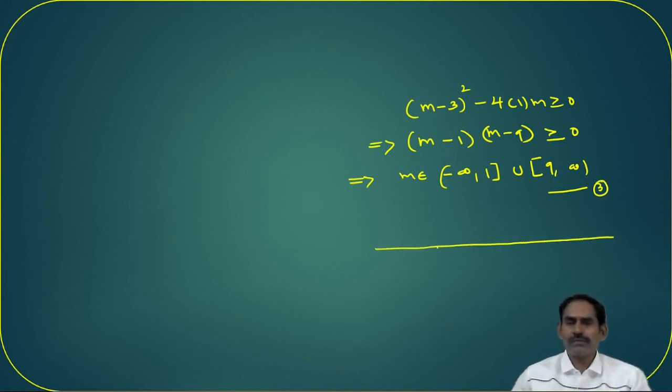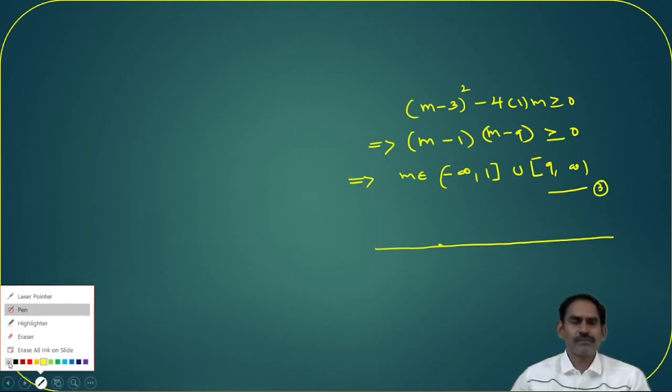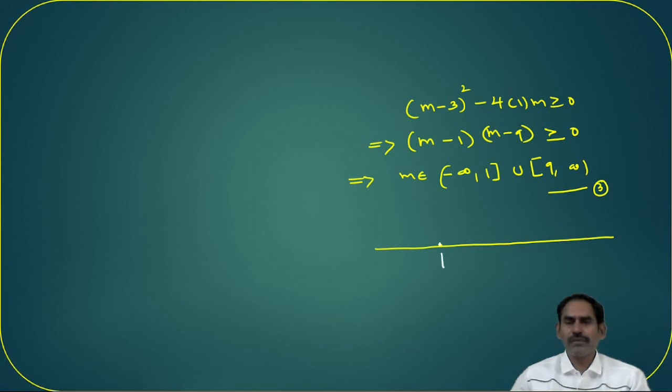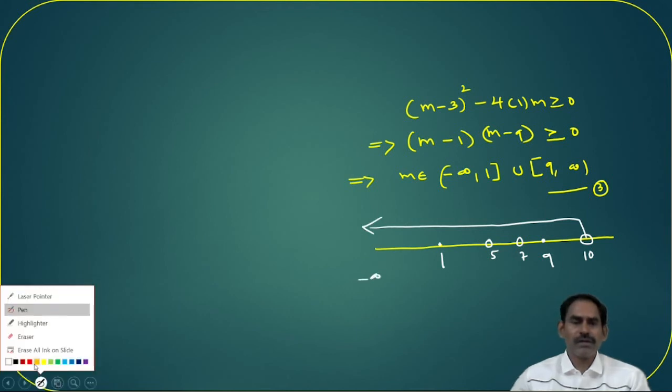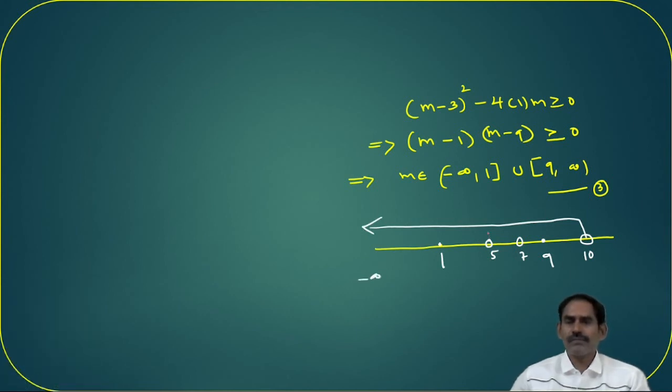Now draw a number line. Take all the values. 1 is included here. Next, 9 also included. 10 open. Next, for 5 and 7 also open interval. So according to first condition, m belongs to minus infinity to 10. Next, according to second condition, m belongs to 5 to 7.